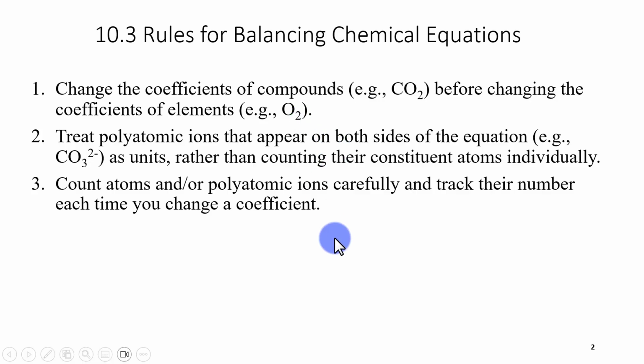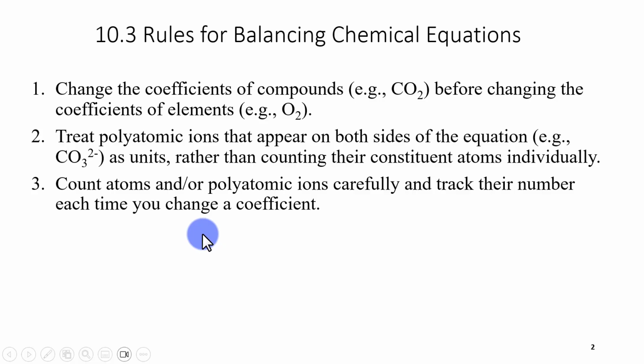Next, if you have polyatomic ions on both sides of the equation, let's say I have CO3 2-, the carbonate anion, on both sides, treat these as units instead of splitting them apart and counting 1 carbon and 3 oxygens. You can say I have 1 CO3 unit or 2 CO3 units.